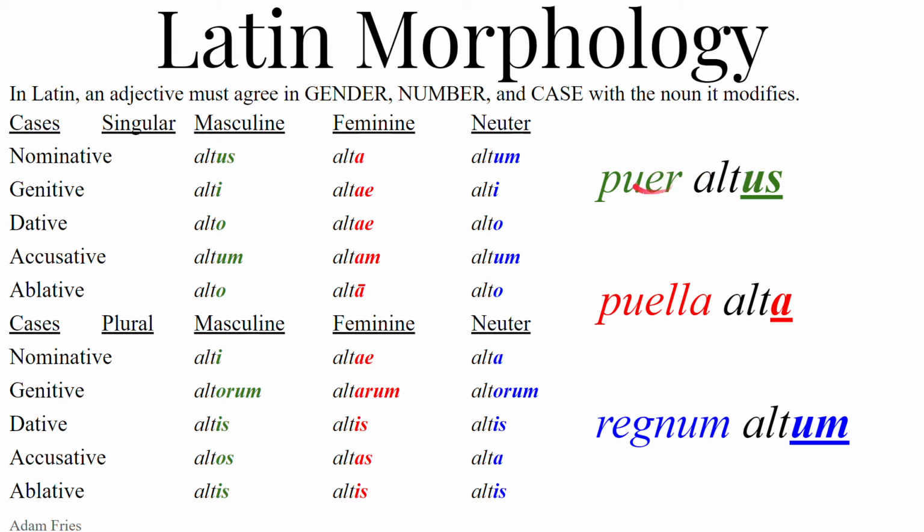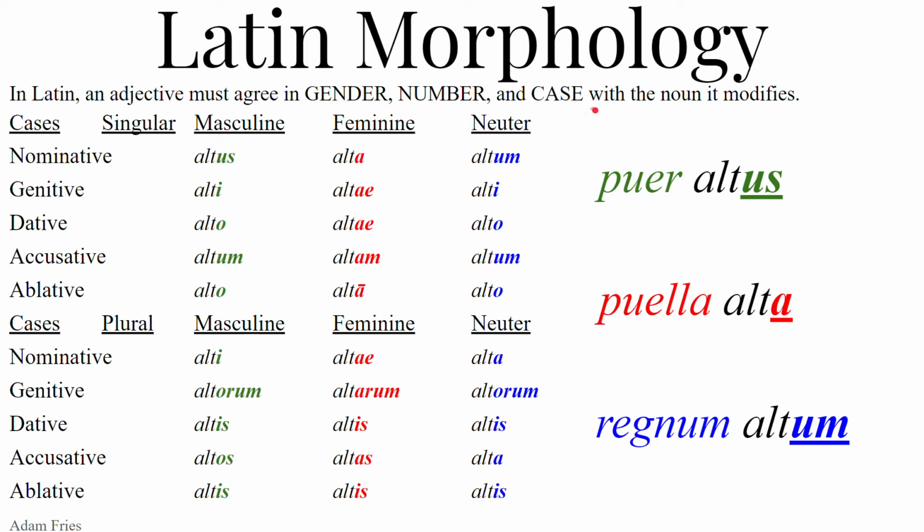So notice that if puer is nominative, singular, and masculine, then the adjective must be altus, nominative, singular, and masculine. If we decline puer and change it to accusative puerum, then once again, the adjective must decline as well to be accusative, singular, and masculine to agree with it. So adjectives must agree with the nouns they modify in gender, in number, and in case.